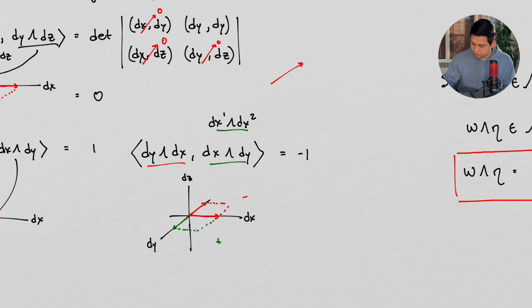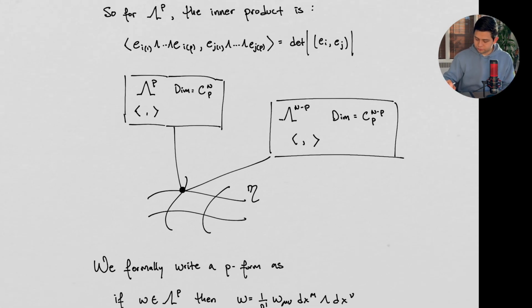In this case, the inner product tells us how much the two vectors agree with each other, so it tells us that distance. However, if our vectors are like this, suppose that's one vector and that's the other vector, that's a case where the inner product is 0. Okay, so we've generalized this to areas.